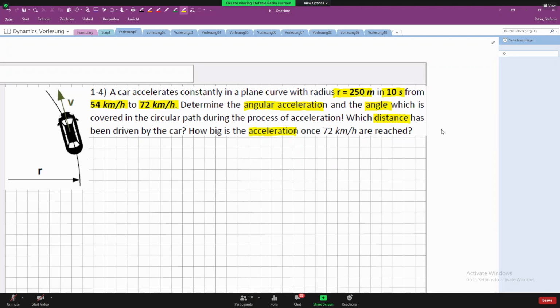So now our car is our point mass performing a circular motion, and then we can apply the equations for the circular motion to solve this problem. After that we can compute the distance, which refers to the arc length, and normal and tangential acceleration to find the absolute acceleration of the car.